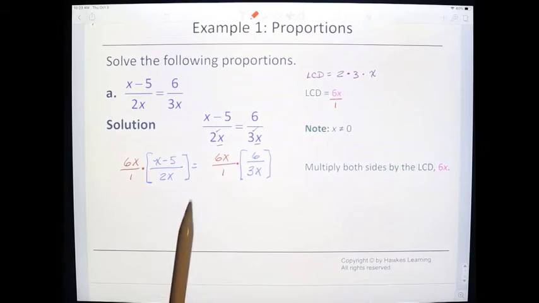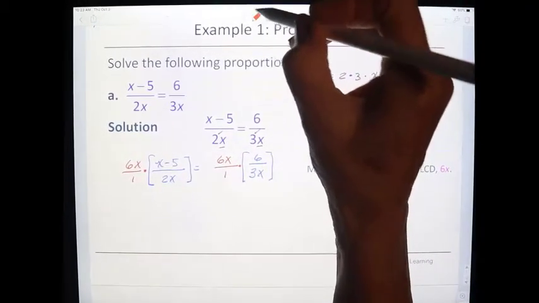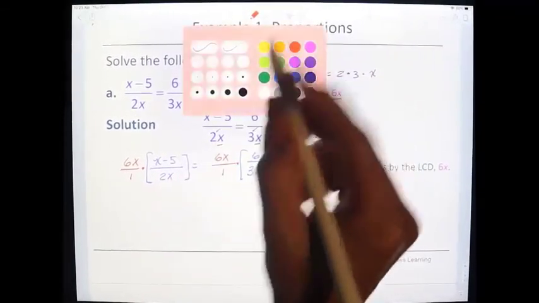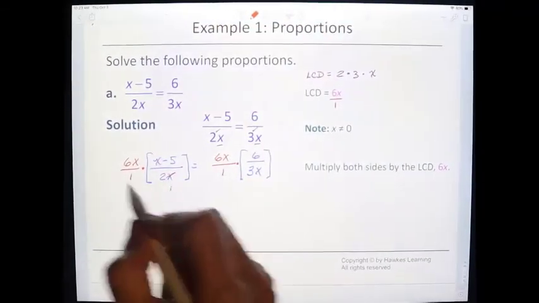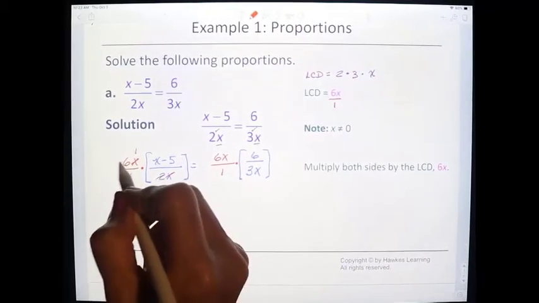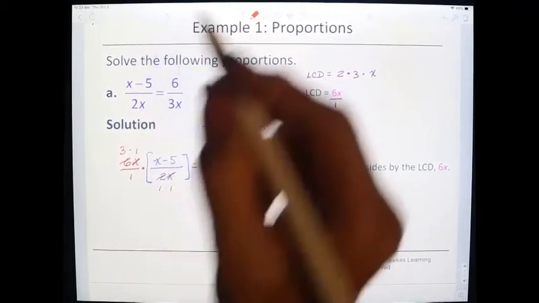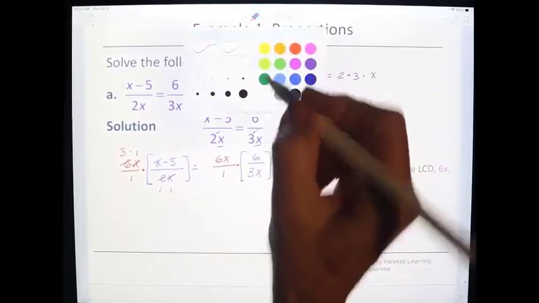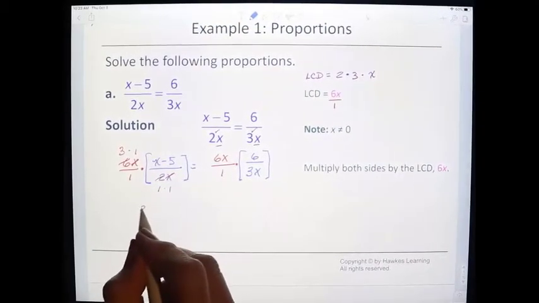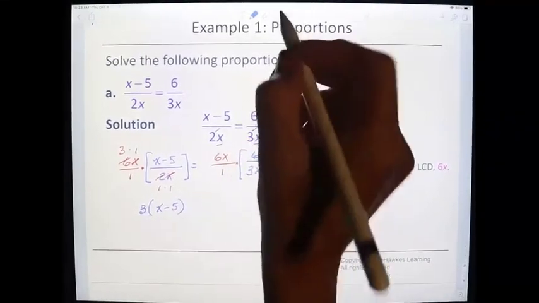So if you correctly choose the LCD, then you should be able to do some canceling. So I'm looking here, I'm going to cancel out. See, the X's are going to go out. I see this 2 cancels into this 6. So it looks like on the left-hand side, I see 3 times 1 times parentheses x minus 5.